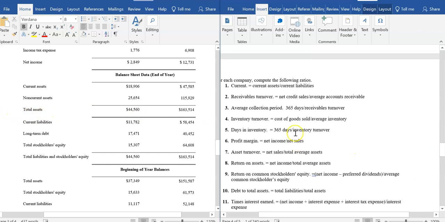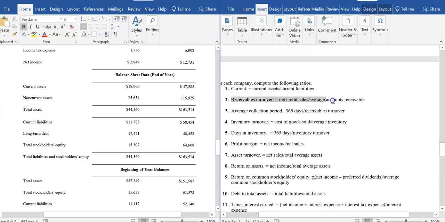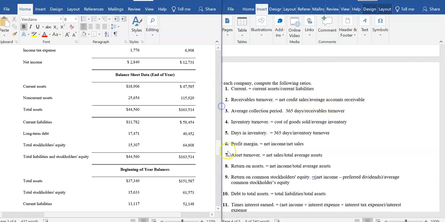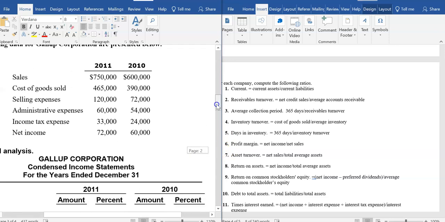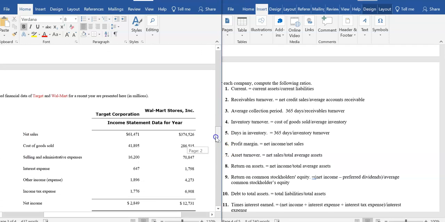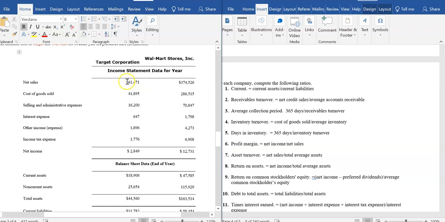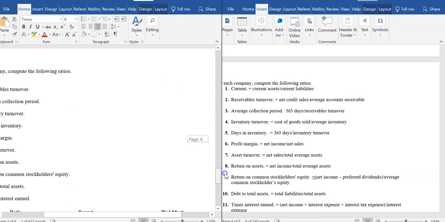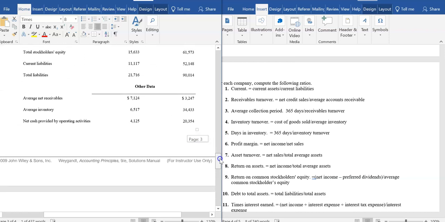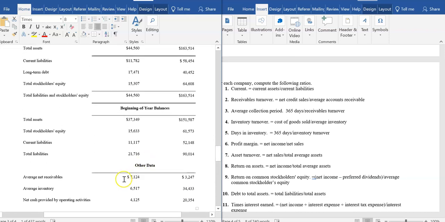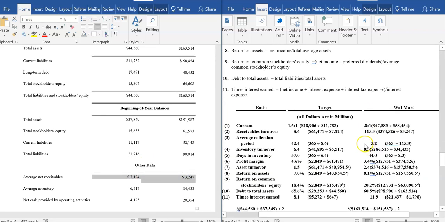Now let's do the receivables turnover. It is calculated by taking net credit sales and dividing by average accounts receivable. That means what was the average amount of accounts receivable they had during the year. All right, here is net sales for Target and net sales for Walmart. And I think they already calculated average net receivables for us down here, so we don't need to calculate the average.